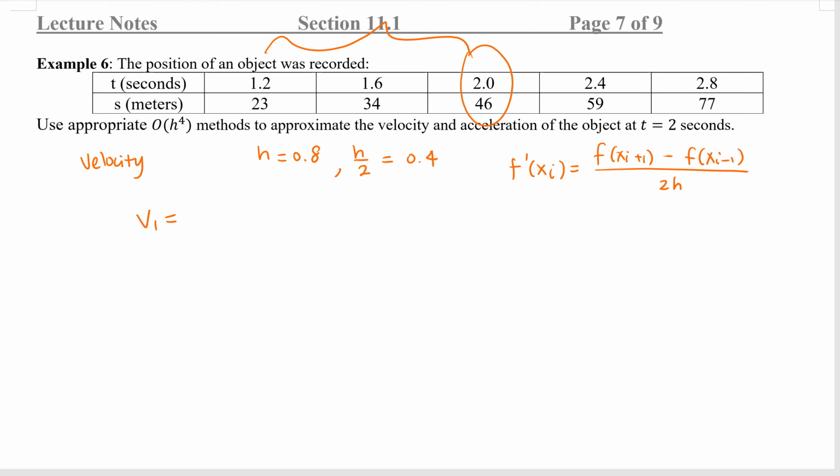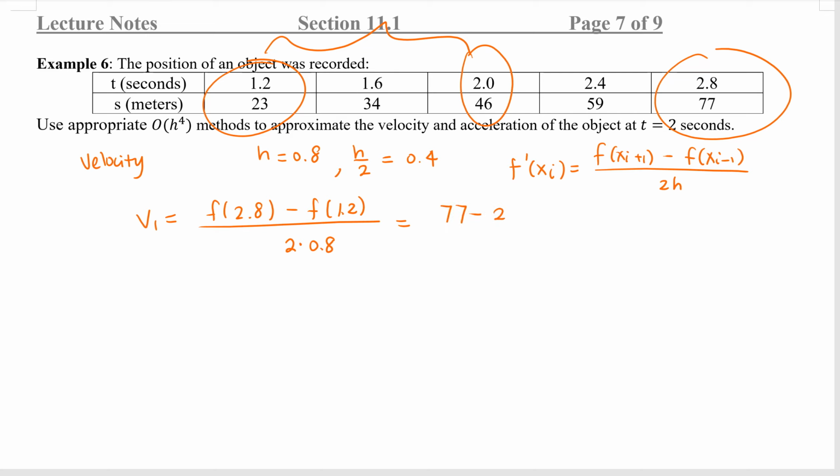Okay, now our V1 approximation, V1 using step size h, which is 0.8. That is f of 2 plus 0.8 is 2.8. So we're using these 2 points, the first point and the fifth point. So f of 2.8 minus f of 1.2 over 2.8 minus 1.2, which is actually 2 times 0.8. f of 2.8 is 77, and f of 1.2 is 23, over 1.6.